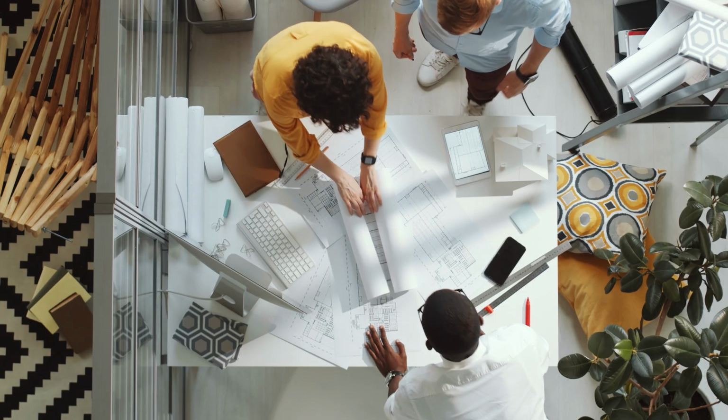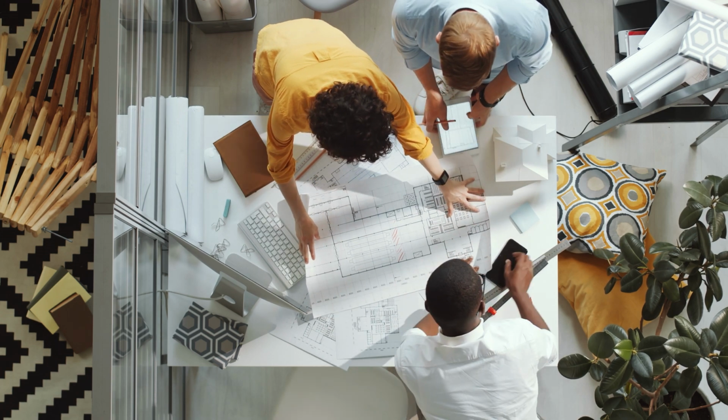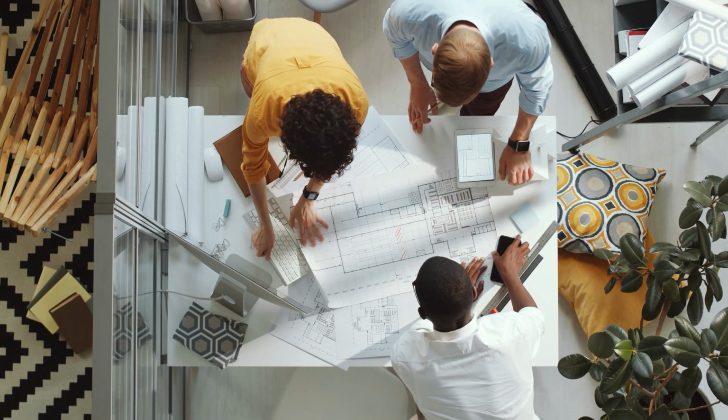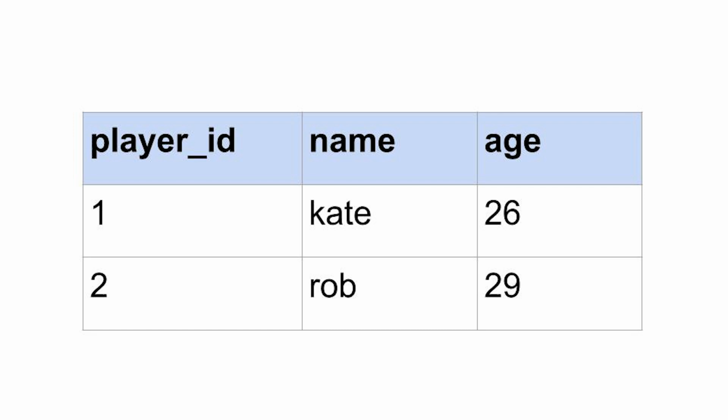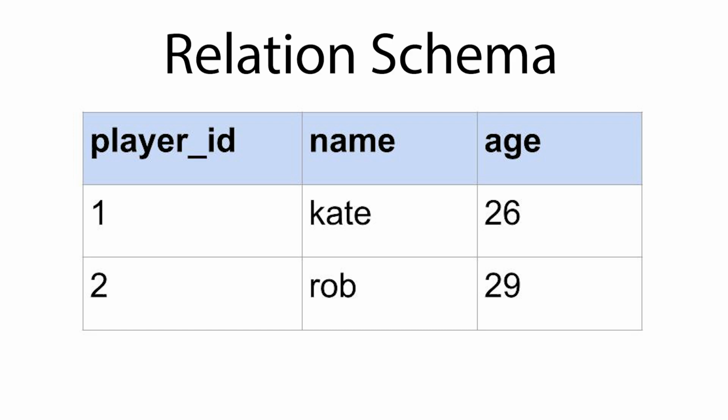Finally, let's understand a schema. A schema is a blueprint or detailed plan that outlines the structure of something. For example, the structure of the player relation is defined by its relation schema. Think of a relation schema as a template. This template specifies the attributes or characteristics of the relation.